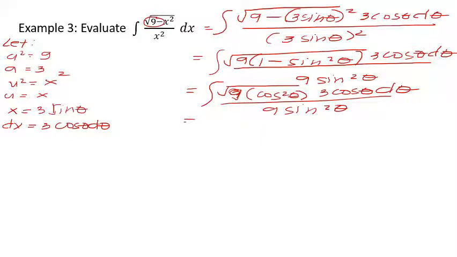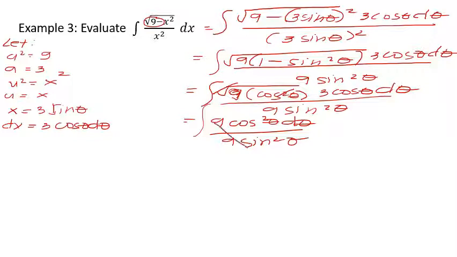So we could factor out 9, and the radical symbol cancels. We have 3 times 3, that's 9, then cosine squared theta d theta all over 9 sine squared theta.